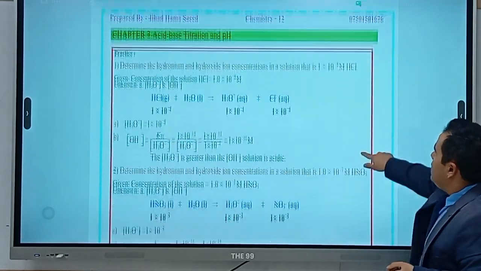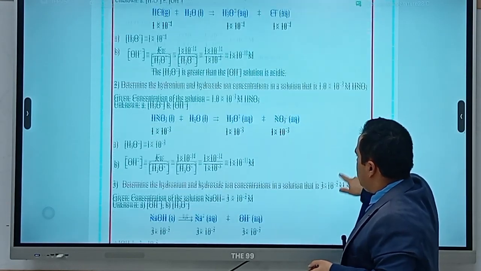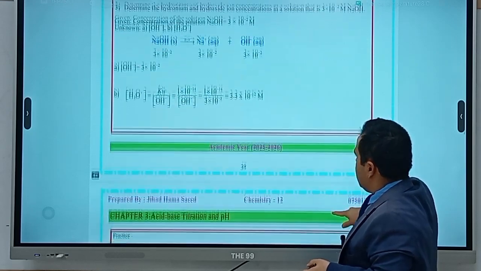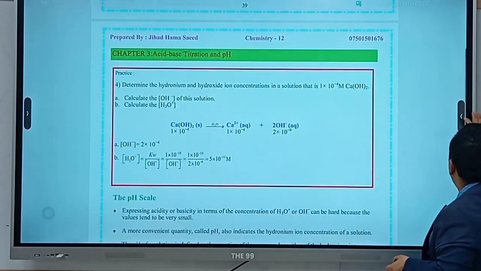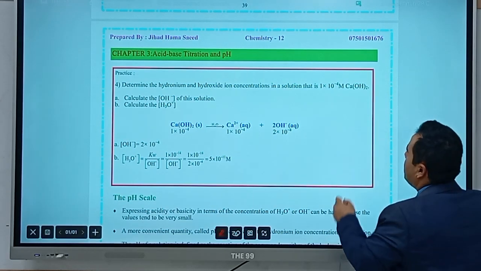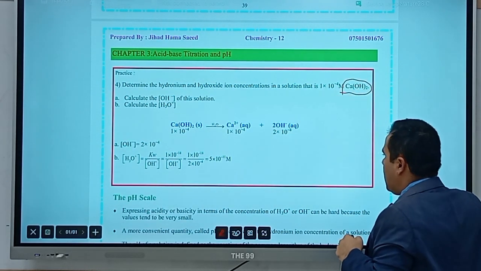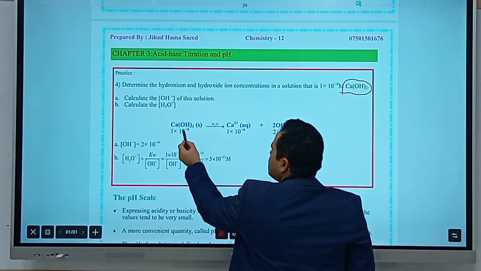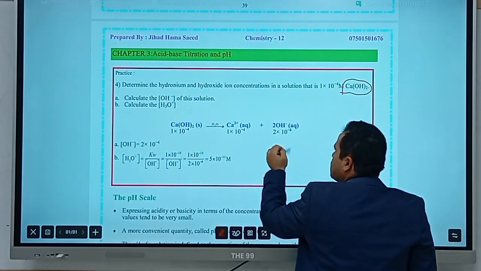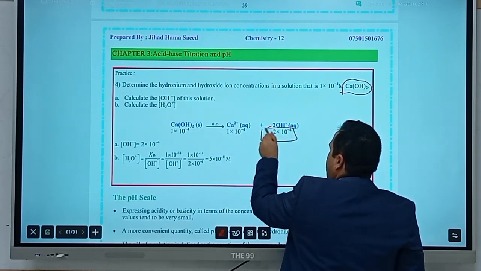Here we have got the practice, it's for monoprotic. Let us solve somehow for the others, guys. This is for a 2-hydroxide base. The 2-hydroxide base, here 1 × 10^-4 is given, produces twice hydroxide as itself, so it will be 2 × 10^-4.